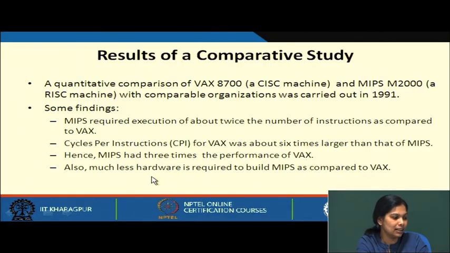Also, much less hardware is required to build MIPS as compared to VAX, because VAX had many complex instructions. For many complex instructions, you need to do complex decoding, so the hardware requirement is much more, whereas RISC used simple instructions, although it required more of them. In that case, MIPS becomes 3 times faster than VAX.